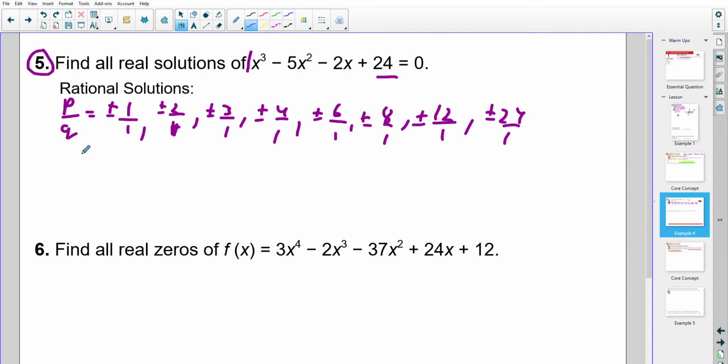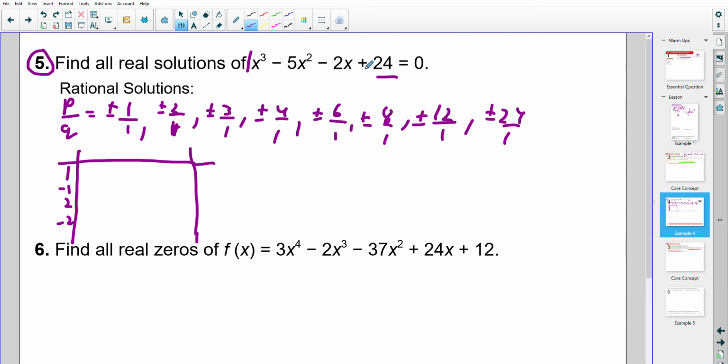Now, I'm going to say that you could do synthetic division and find out where the remainder is 0, but to me, it's a little bit easier when you think about this in terms of a table because of the factor test. If you plug these numbers in for your x, and if you get 0 as your f of x, then you know that that is going to be a factor.